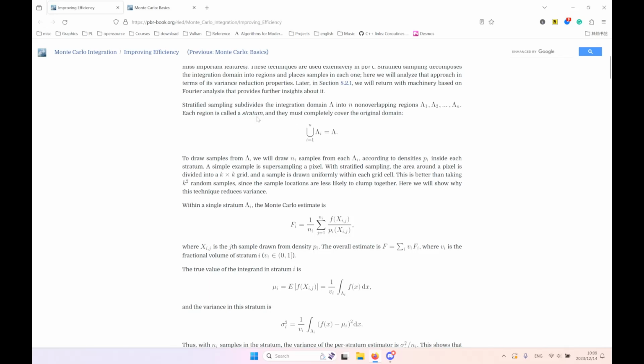So yeah, we subdivide lambda into lambda 1, lambda 2, etc. Call them strata. I never said this word before, but yeah, all the strata combined make up the original domain, and then we draw samples from each one.